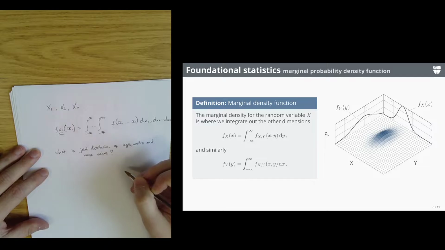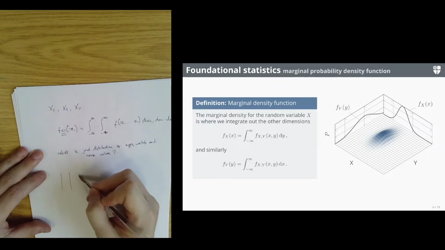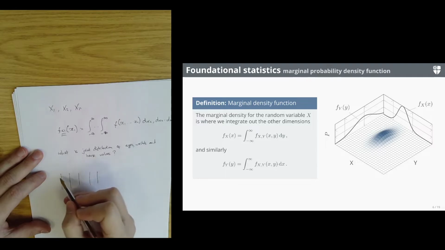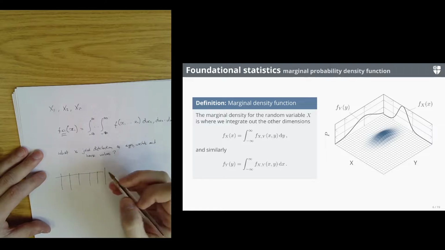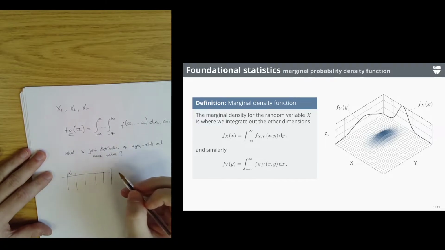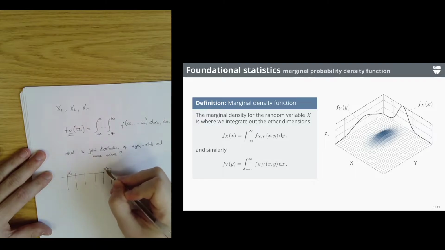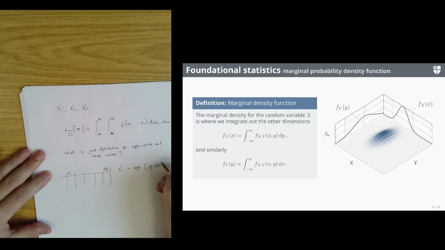We could say we have a spreadsheet with 5 random variables, so 5 columns: x1, x2, x3, x4, x5. Actually, I'll just write it out here. So x1 equals the age of people in Durham, and we could say 0 to 150 years old.